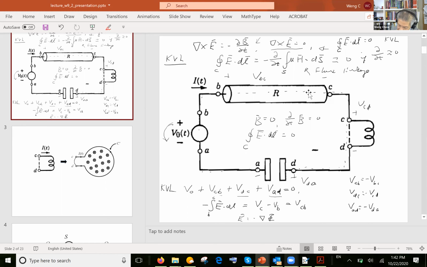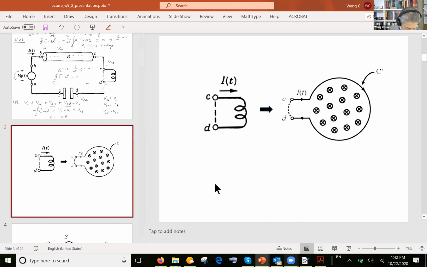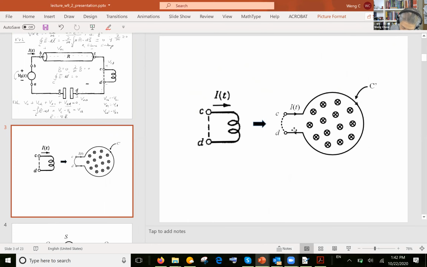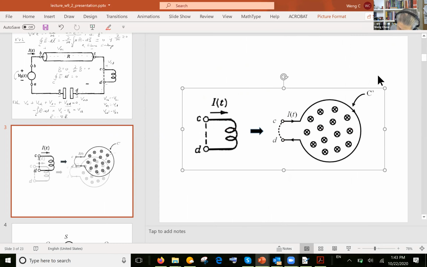The B field inside is equal to 0. So the induction effect is going to be 0 on the right-hand side, and I can apply KVL. But then I have to relate VCD to the induction integration over here. So let me look at this induction effect more carefully. That's a good question.